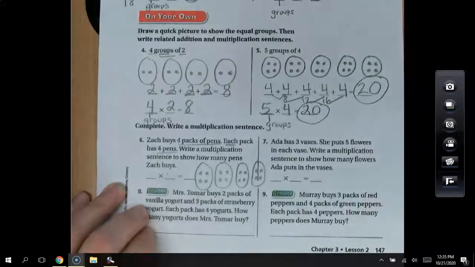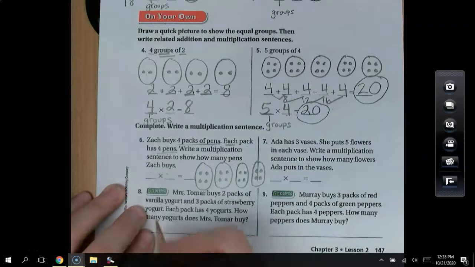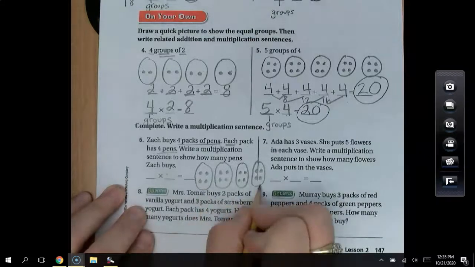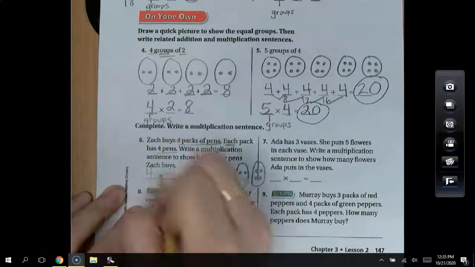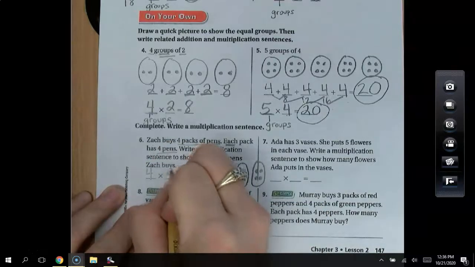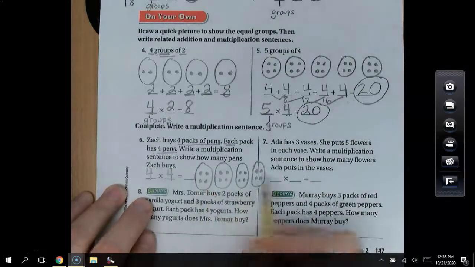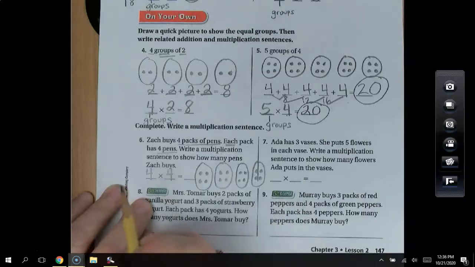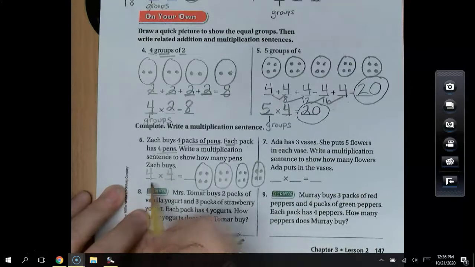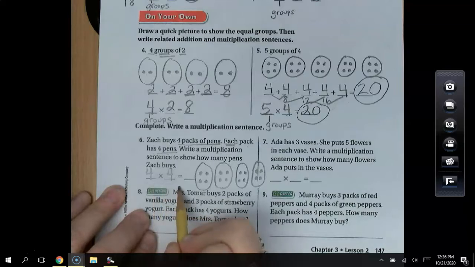So we drew our picture. Now let's write our multiplication sentence. Our groups are 4, and we have 4 pens in each group. Well, what is 4 times 4? You can solve it several ways. You could count all of your counters, or you could use the addition strategy, which is adding 4 plus 4 plus 4 plus 4.